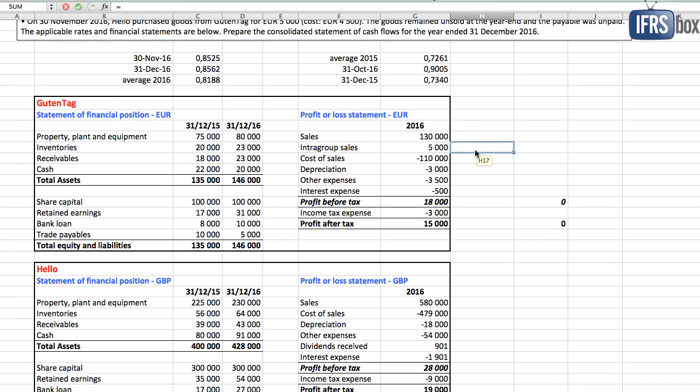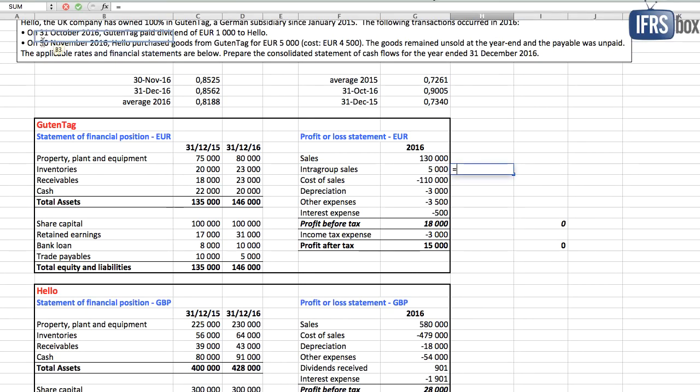Let's see. We can translate intragroup sales of 5,000 euros with the rate on 30th November. That's when the sale was made. And remaining items with the average rate.